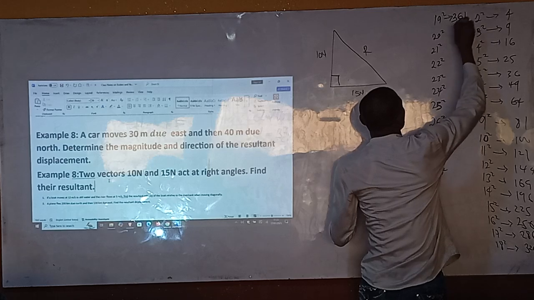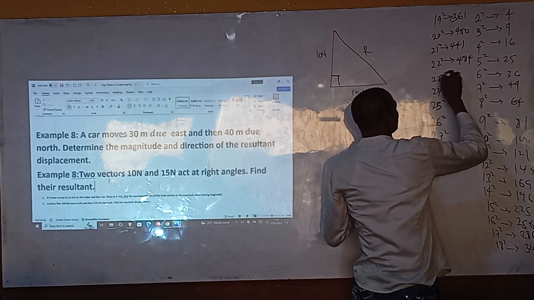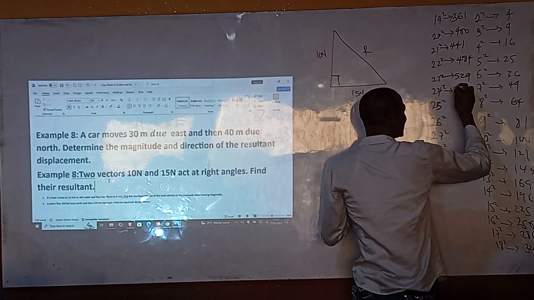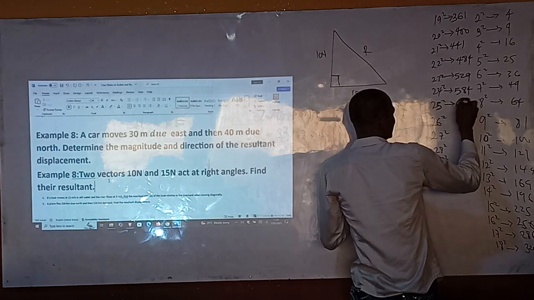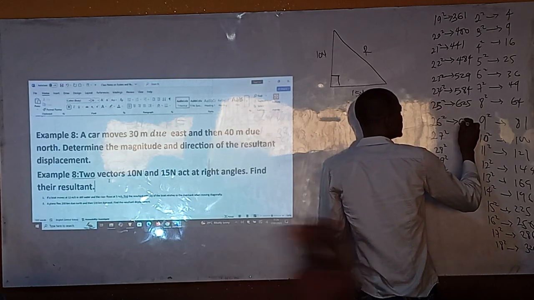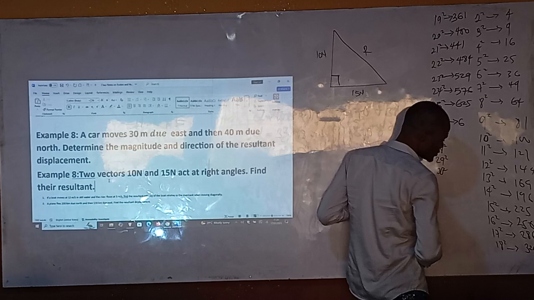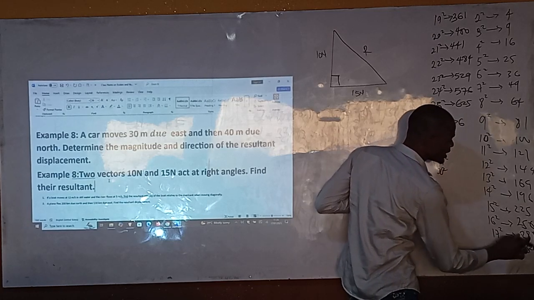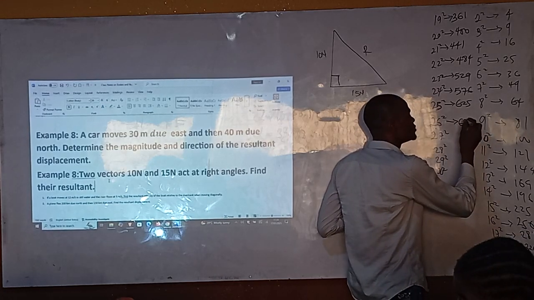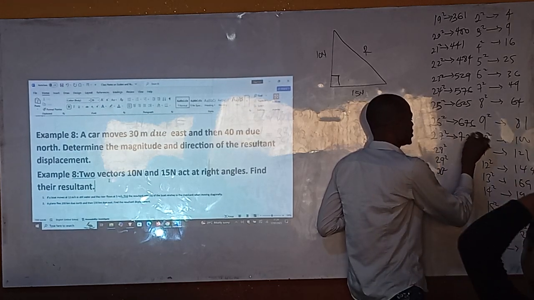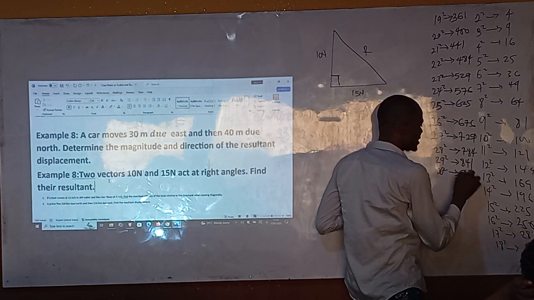Now 19 squared is 361, then 400, 441, 484, 529, then 576, 625, 676, 729, 784, 841 and 900.